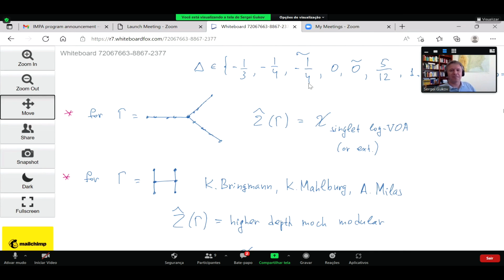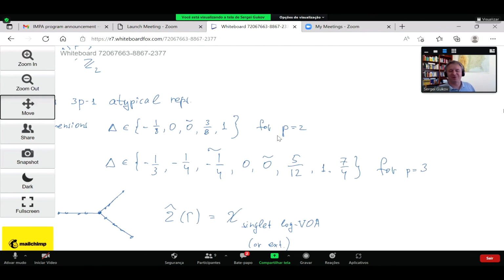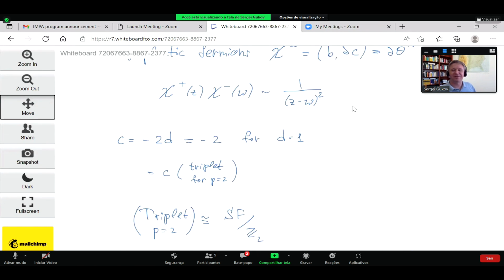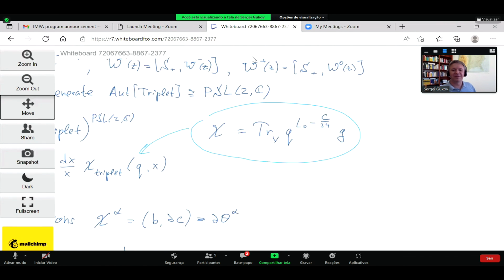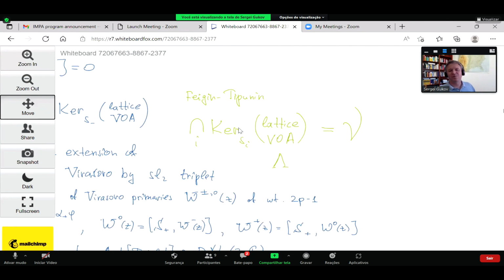And I don't have a good answer to your question, but as a good politician, let me try to answer a different question, which may be slightly related. Somewhere here I mentioned this Feigin-Tipunin construction. What we and many other people are playing with is exploring various generalizations where, again, there are two basic operations going on: taking kernels and doing extensions.